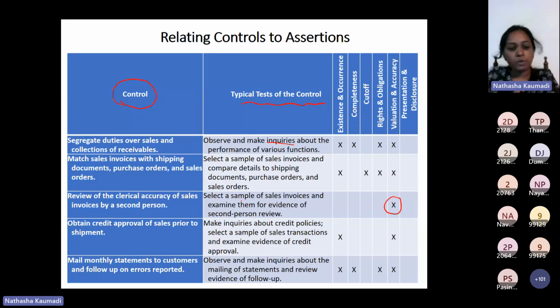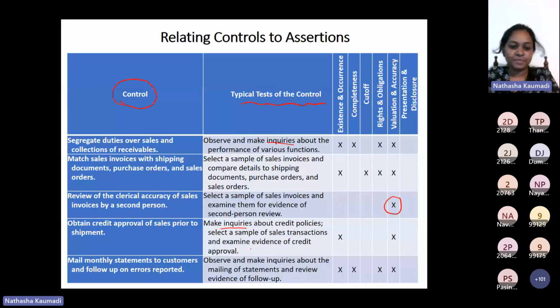And then obtain credit approval of sales prior to shipment, prior to dispatching. Credit levels should be approved. So make inquiries. You can inquire about the credit policies and also select a sample of sales transactions and examine evidence of credit approval. What is this audit procedure?